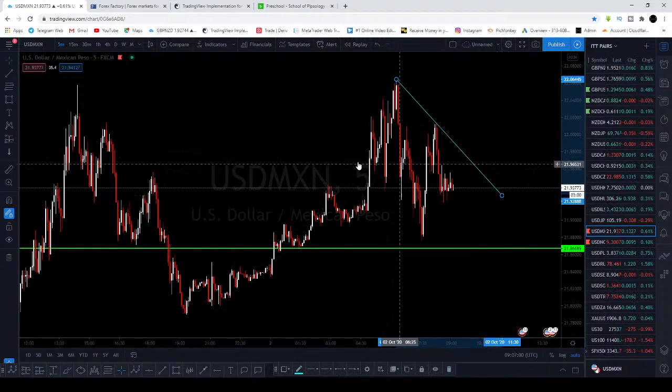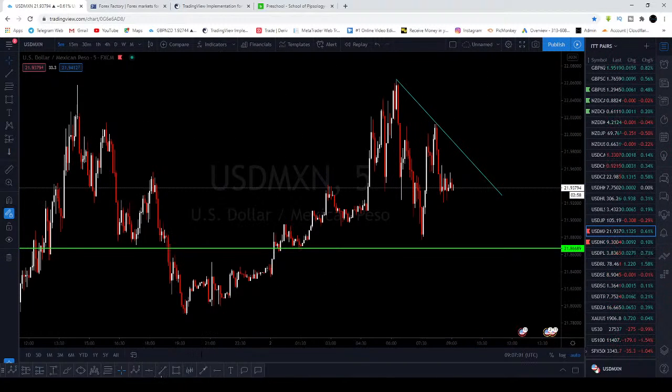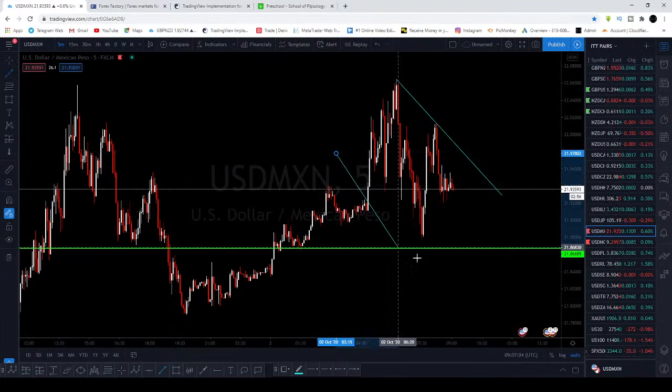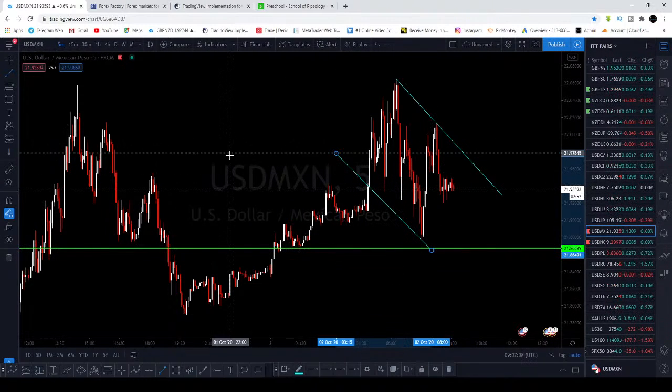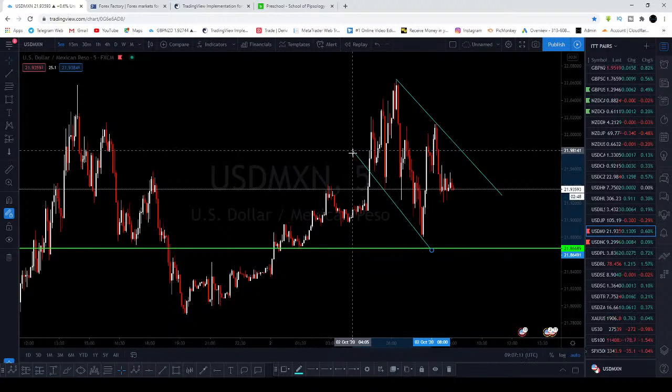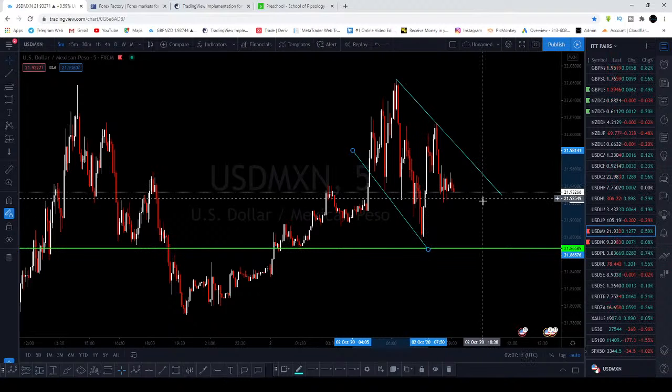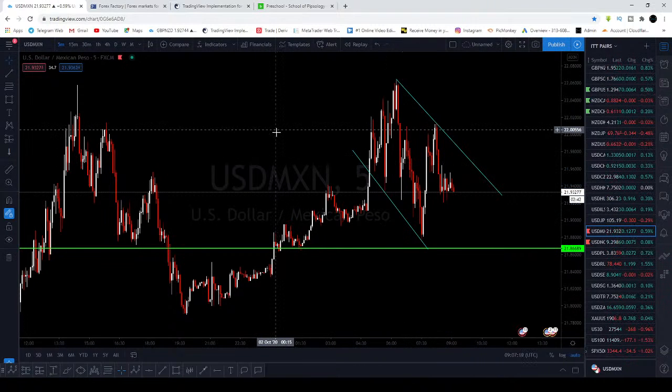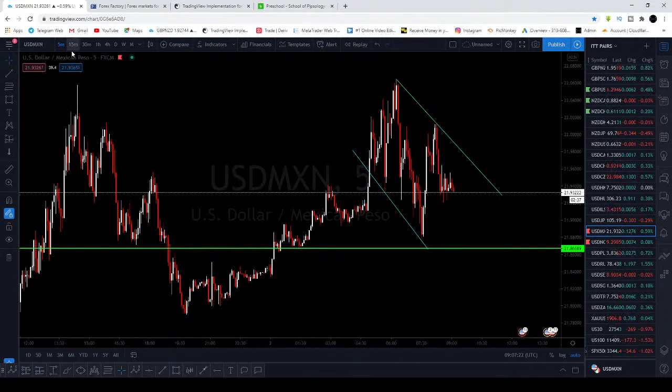So it depends on the session that you are trading. The reason why I want to show you the breakout strategy on this particular pair, USDMXN, is because it does obey breakout strategy a lot. So it does obey this breakout.